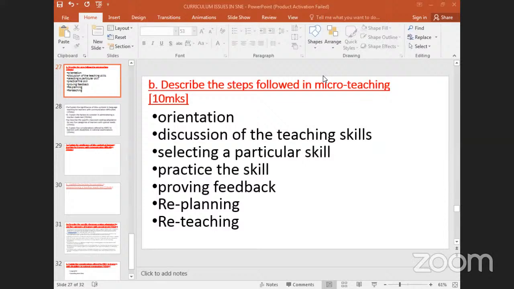Replanning means you are going to improve in the areas of weakness or pitfalls on your side, so that in your next reteaching you perfect them.